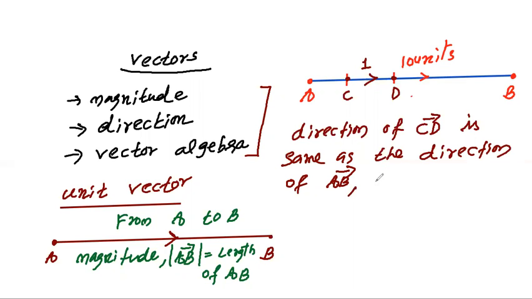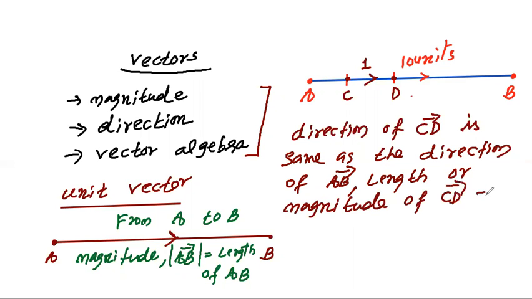And not only the direction, we can see that the length or magnitude of vector CD is equal to 1. So what is the speciality of that vector CD? It's a small vector whose direction is the same as the direction of vector AB, and whose length is equal to 1 unit. Such a vector is known as a unit vector. A unit vector is a vector with the direction of the given vector and its magnitude is equal to 1.